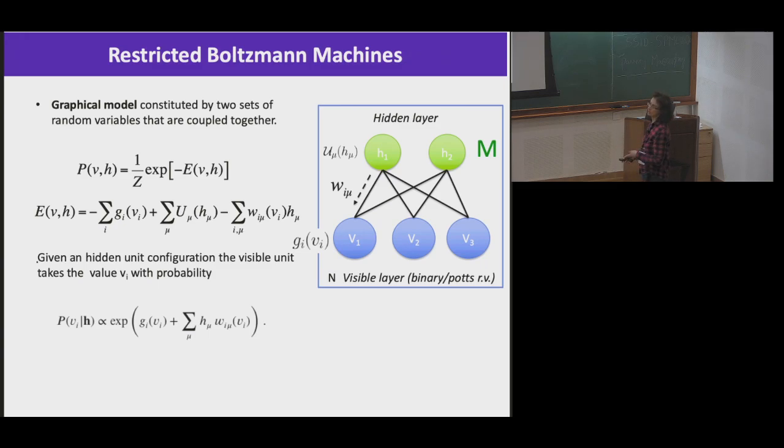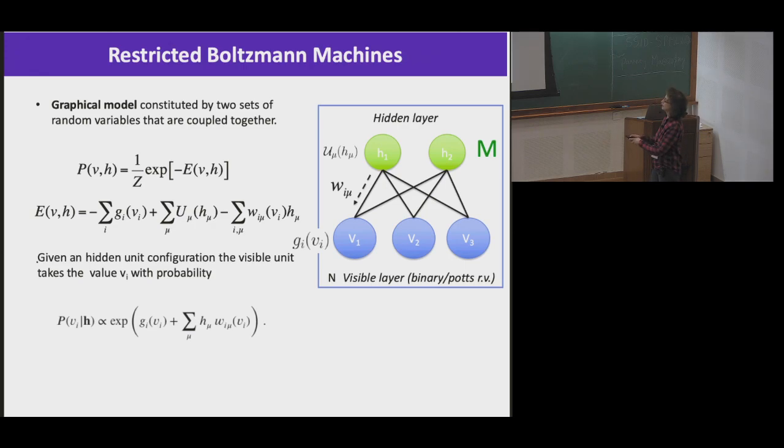This is just a notation. You can put a plus or minus, then you will have terms. Okay. And so when you fix the hidden units, you can then sample the visible units.